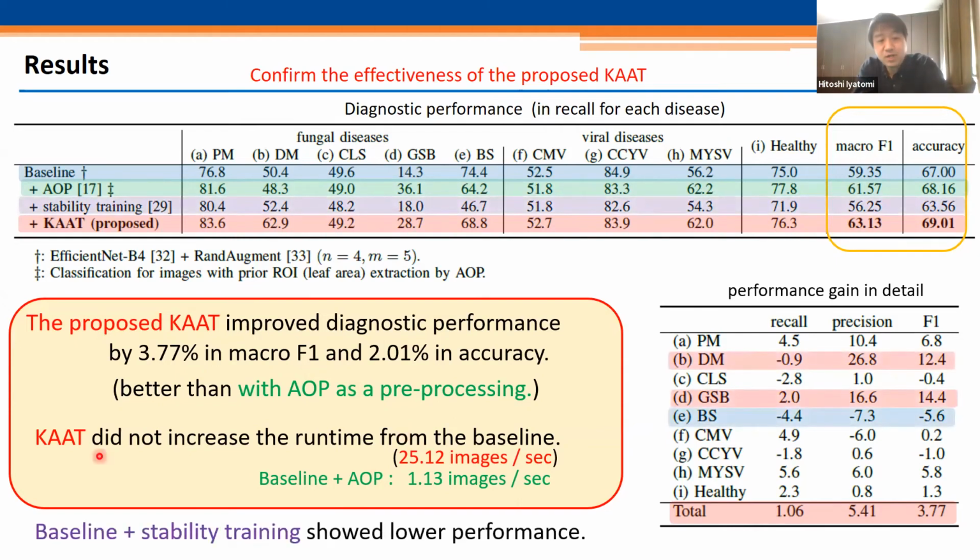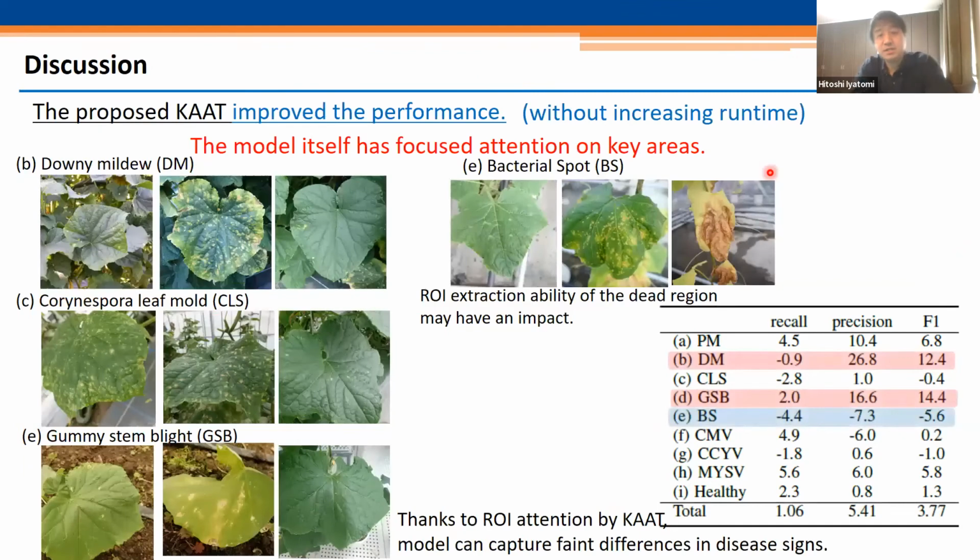So baseline plus stability training showed the lowest performance in our experiments. So in discussion, the proposed CAT improved diagnostic performance without increasing runtime. That is, we see downy mildew, corynespora mold, gummy stem blight, and bacterial spot.